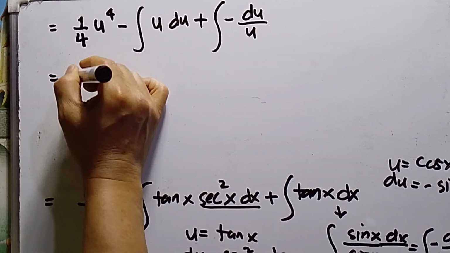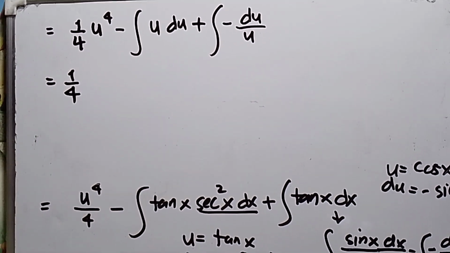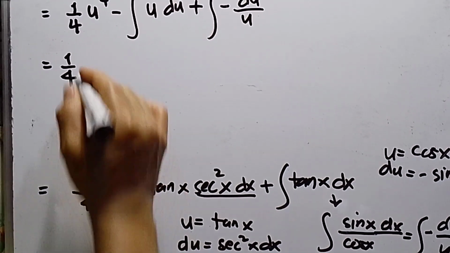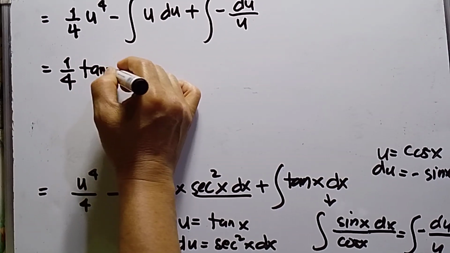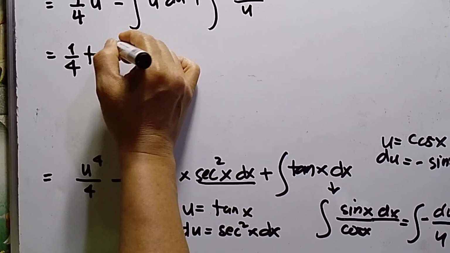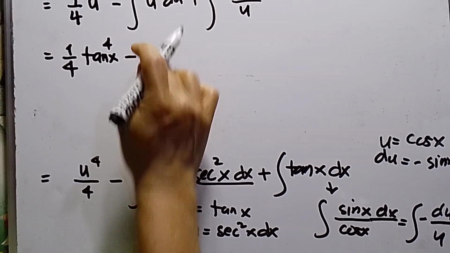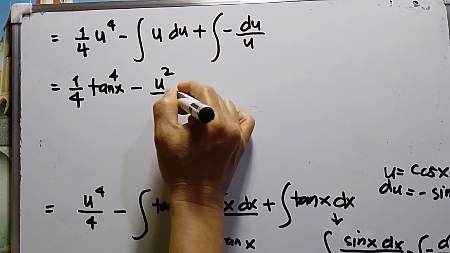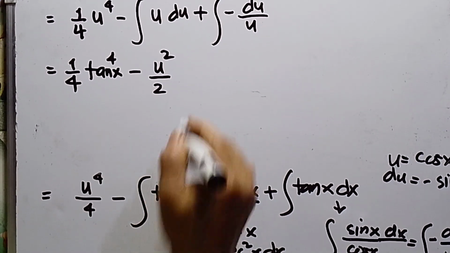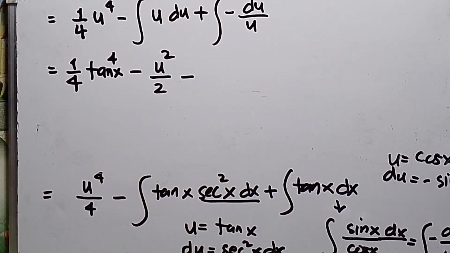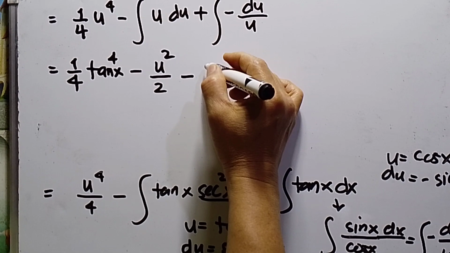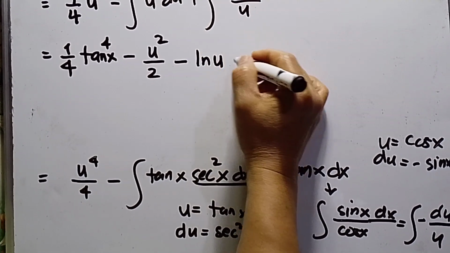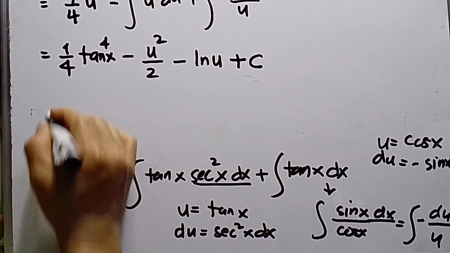So this will be 1 over 4. U is tangent x, so this will be to the 4th. Minus integral of u du will be u squared over 2. Then this will be minus ln u, plus c.